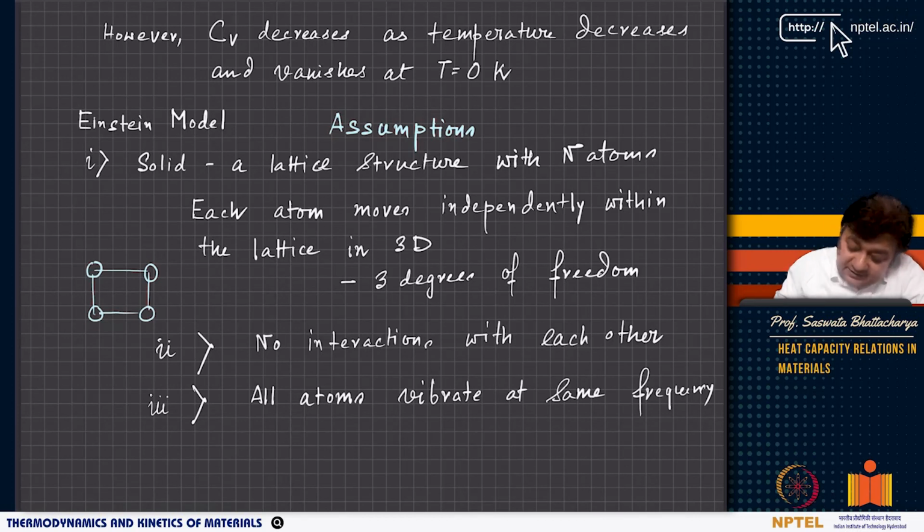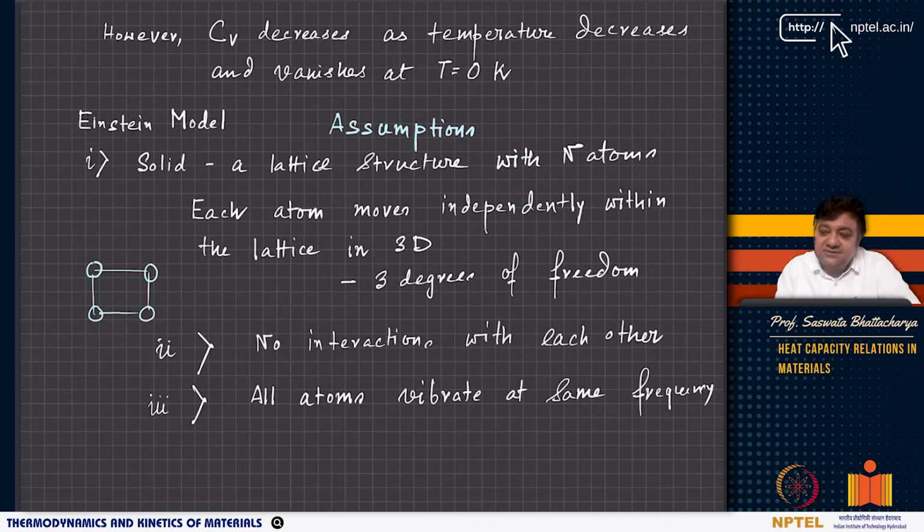This assumption is not really correct. No interaction with each other is a problematic assumption. And there is also another assumption, that all atoms vibrate at the same frequency. So with this no-interaction assumption, we can immediately understand that it is not really true, right? Even heat transfer: say you have a hot plate made of steel, a solid iron plate, and you are heating the back side, but you are feeling the heat also on the top, right?